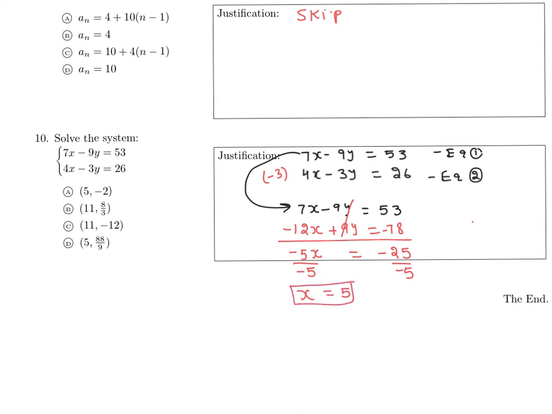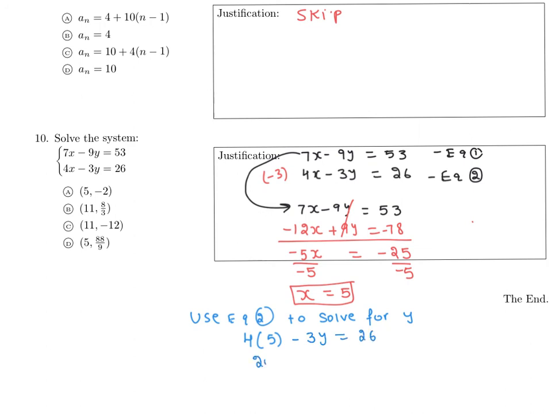Once you get the x value, you're going to choose any of the original equations to find y. So I can use equation 2 to solve for y. So 4 times 5, because you're going to plug this 5 in here. 4 times 5 minus 3y equals 26.